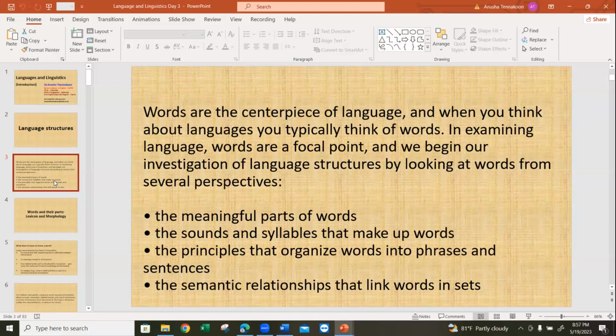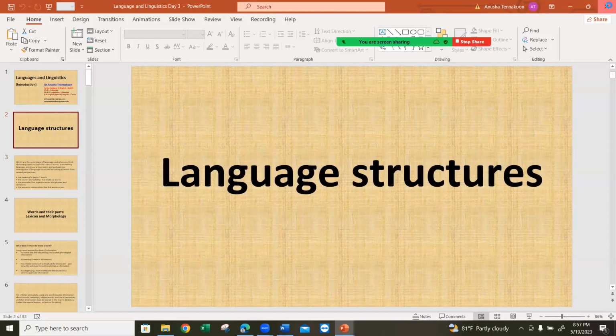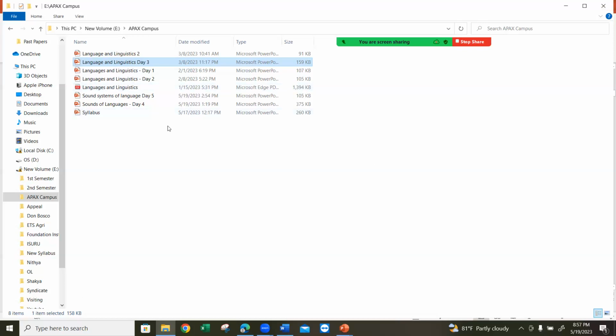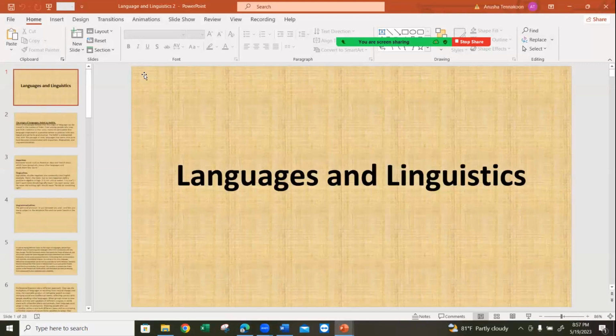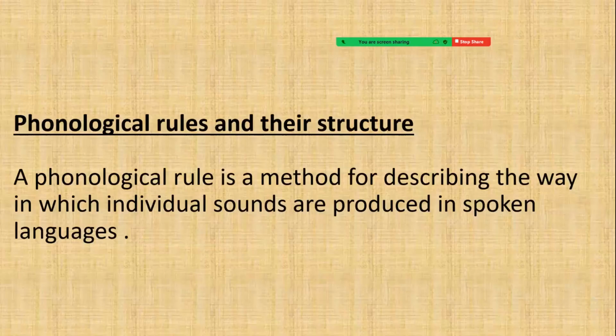Okay, ma'am. So this is structures. But when you read these slides again and again, these things will become familiar to you. That is the most important thing actually. Then you will be all right. Okay, so as we cannot start this heavy lesson, phonological rules and their structure, we'll do it next day.